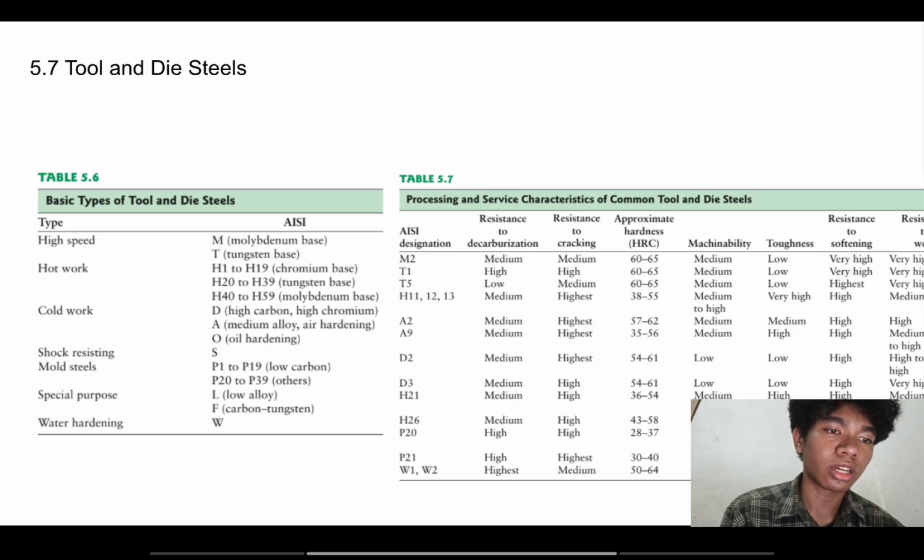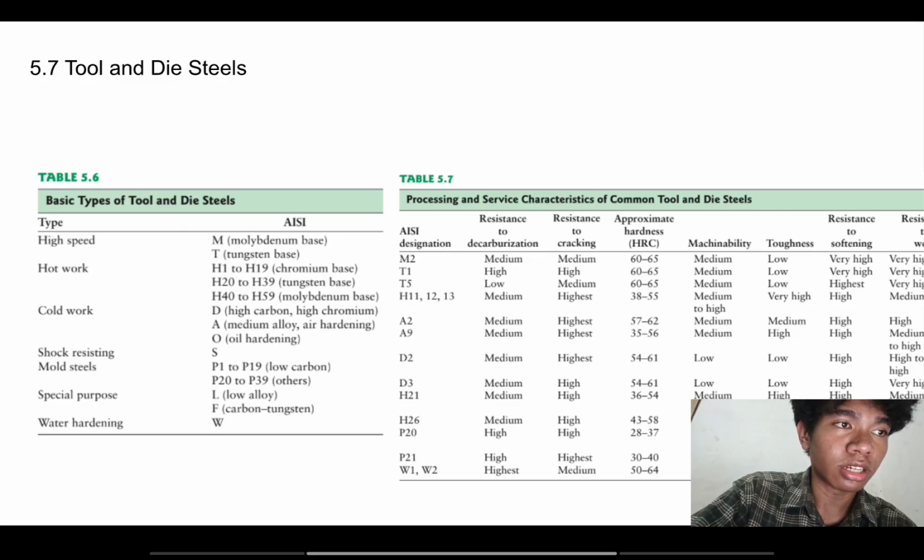And also for the tool and die steels, you can see a design for high strength, impact toughness, and wear resistance at room and elevated temperature. So the table 5.6 is the desirable mechanical properties that you can apply in certain conditions.